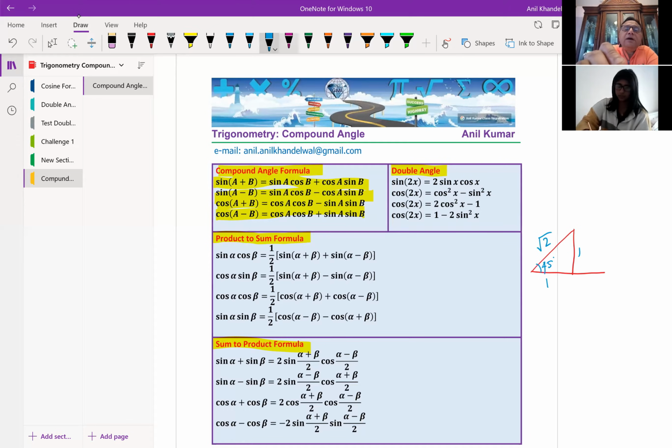On the other hand, if I have a 30, 60, 90 triangle, I could draw it here itself. Let us extend this. In that case, that angle becomes 30 degrees, and this is 60 degrees. So the sides are 1, 2, and square root of 3. Sorry, I should have drawn a new diagram.